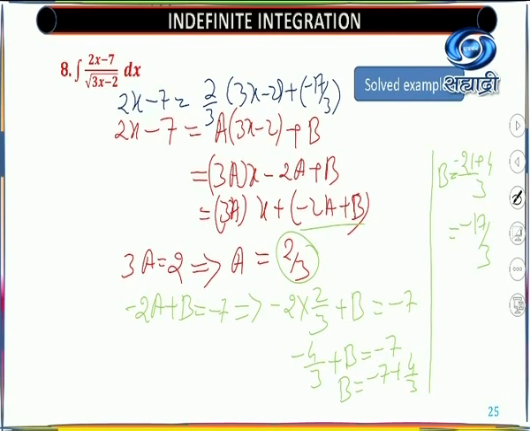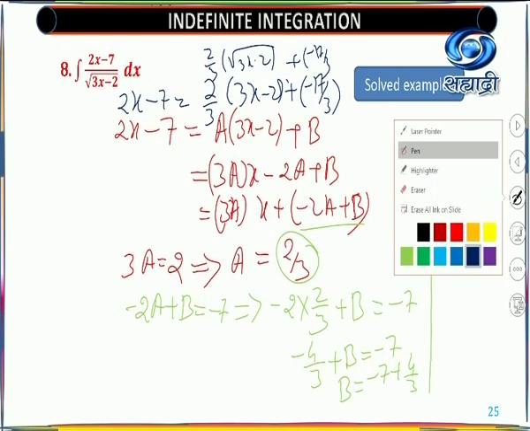You are able to write this as 2 upon 3 into (root of (3x minus 2)) squared plus minus 17 upon 3. And if you separate the denominator, you will get your integration directly using a method. So we will begin with that.